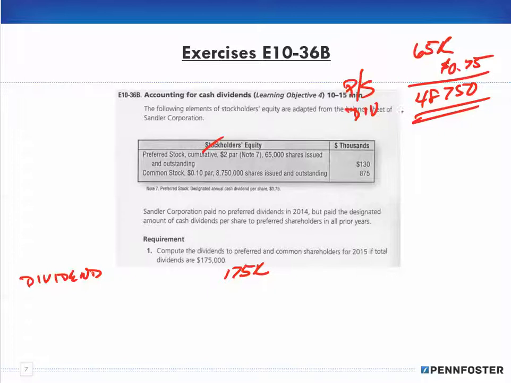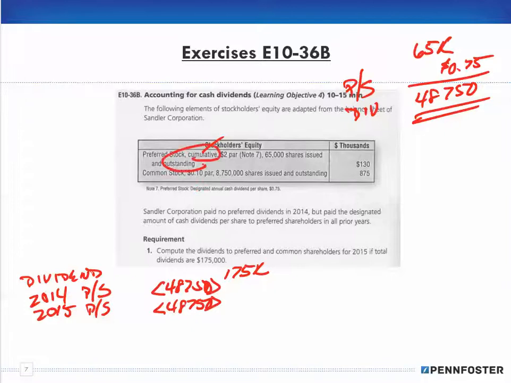So if the dividend is $48,750, that is what was owed in 2014, and it's also owed in 2015, right? Because this is cumulative. It says here cumulative.